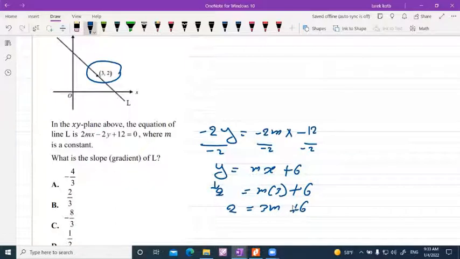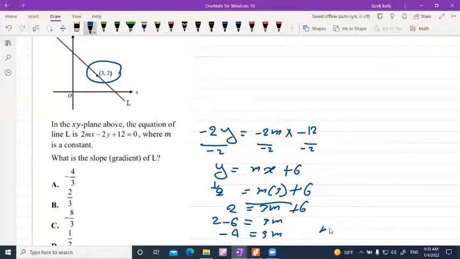So this will be 3m and this will be 2 and this will be 6, and then take this 6 to the other side, so the 3m equals 2 minus 6, which is negative 4, so the m equals negative 4 over 3.